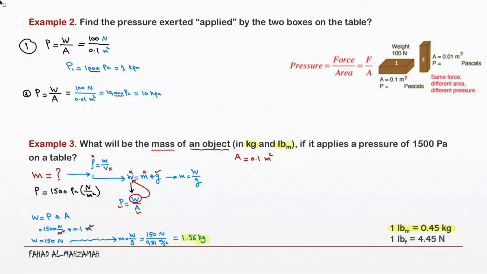Another way, which I think we studied in the English system, and I will write a note here on the right side. In the English system, we say that 1 pound mass will give a weight of exactly 1 pound force.